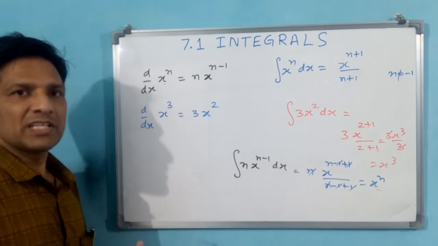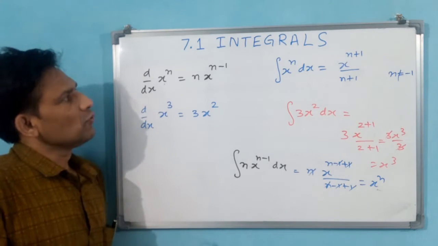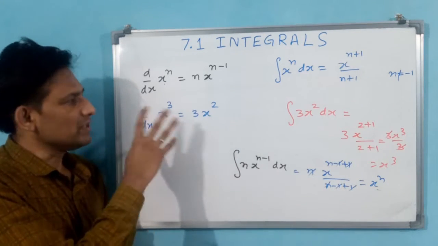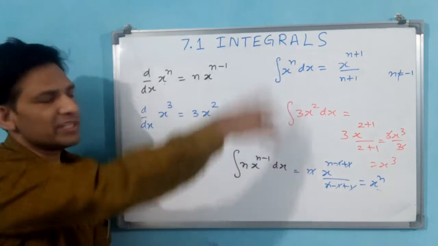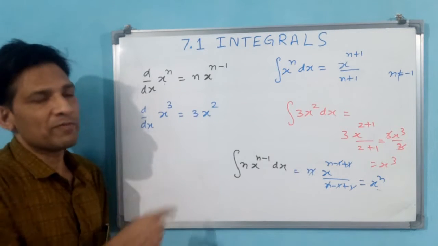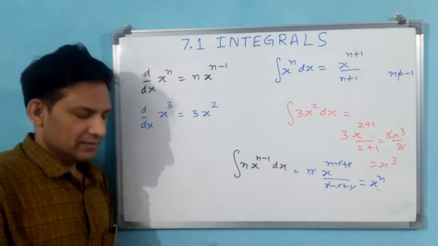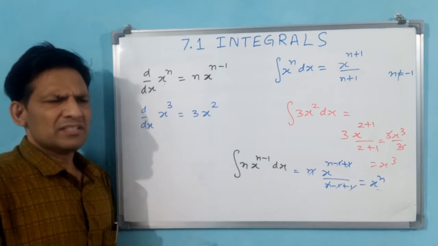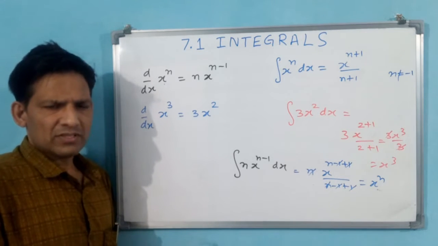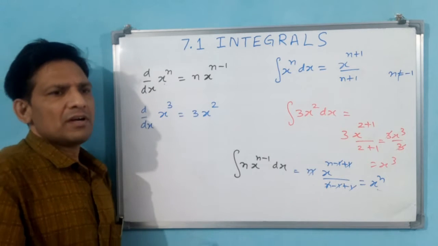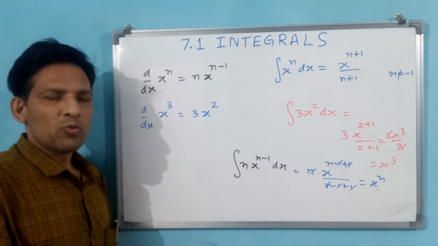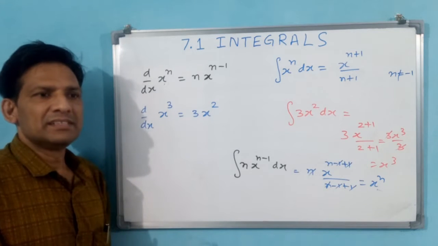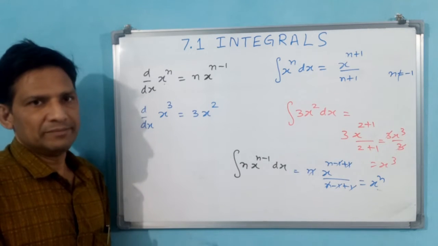See, we will look at two properties, all by comparing with differentiation only. We will compare two properties with differentiation and draw them. Then we go for standard integrals, like standard derivatives. How we have seen, 15 are there in total: sine, cos, inverse, x power n, root x, 1 by x, log x, e power x, a power x, all we will see.